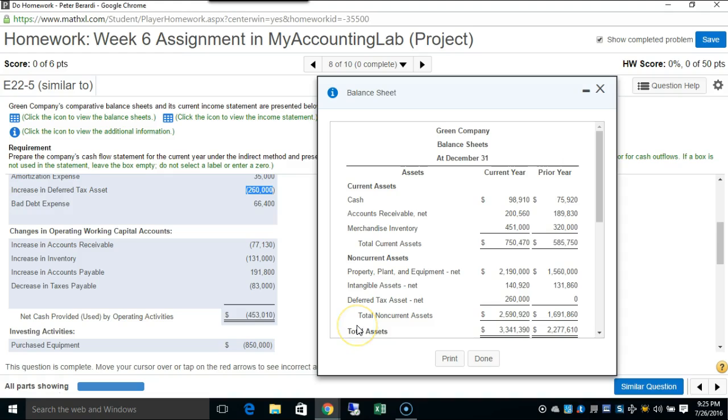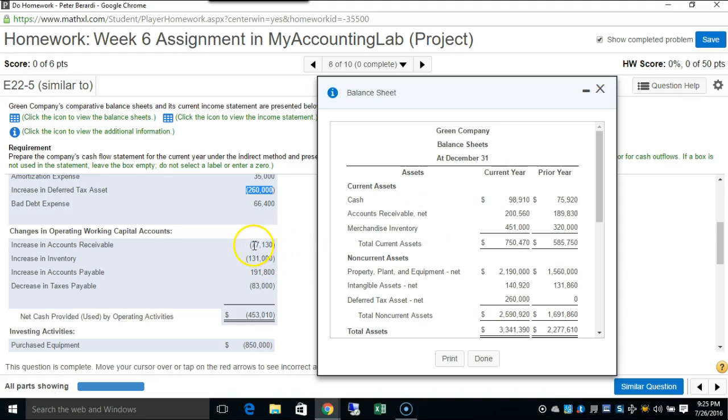So that is only a $10,730 difference. So accounts receivable went up $10,730 over prior year. So when receivables go up, cash flow goes down.